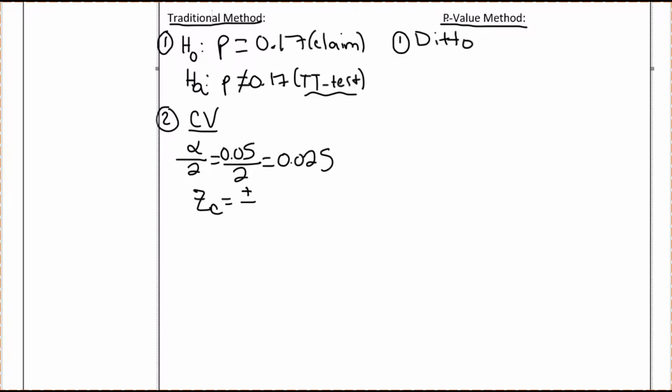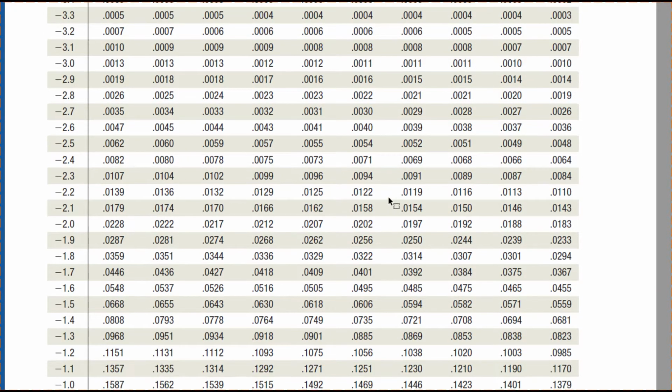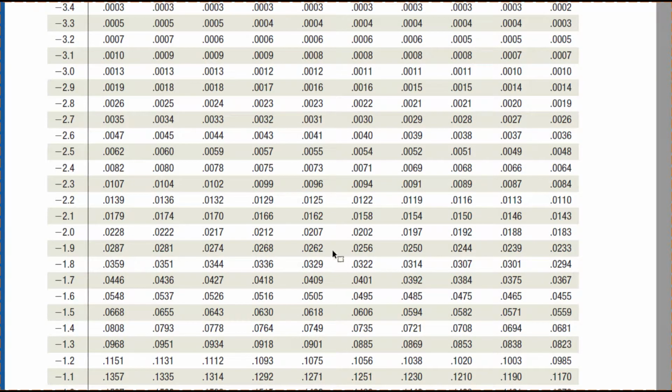All right, so we're going to go into the lookup, and so let's look up here. So 0.025. So this is the value in the chart. So this is about negative 1.96.